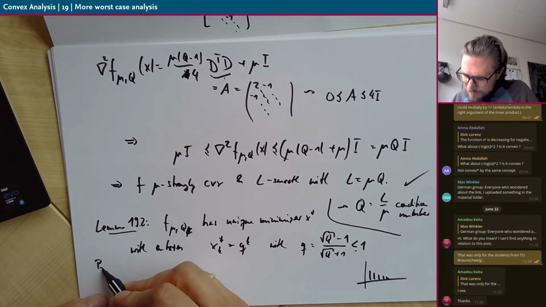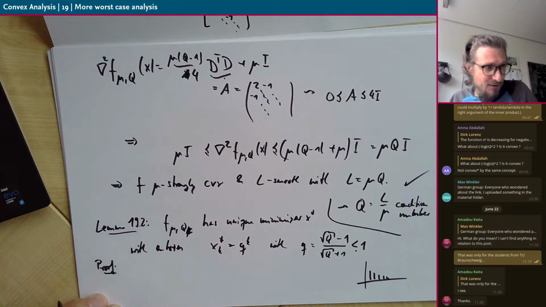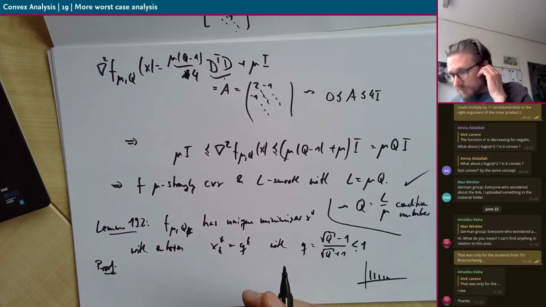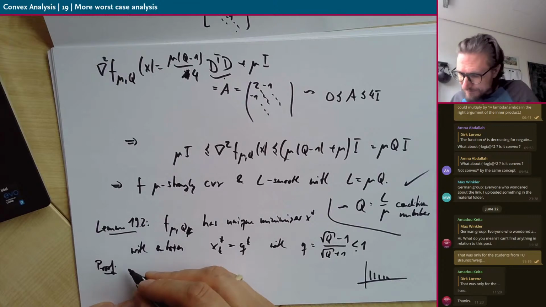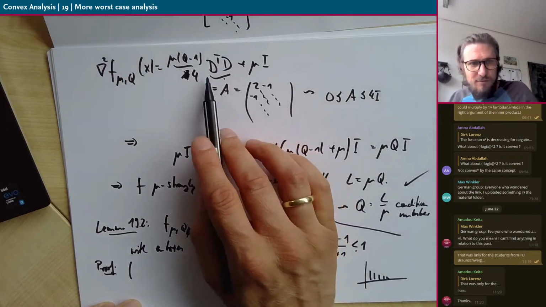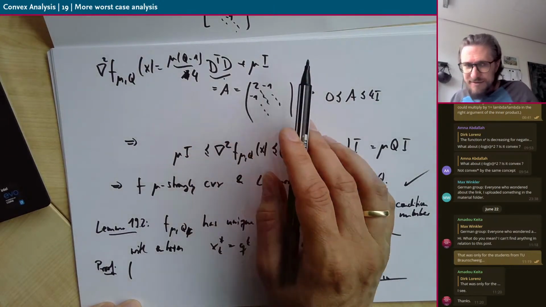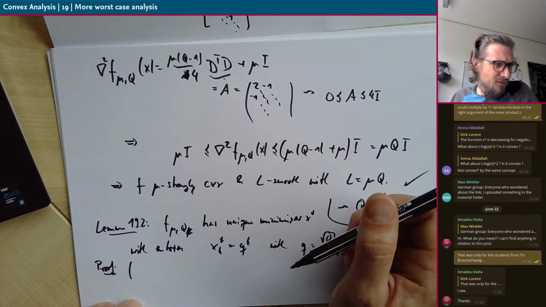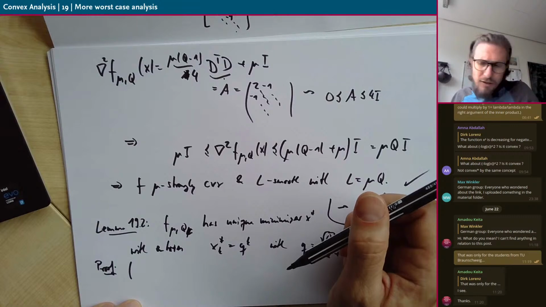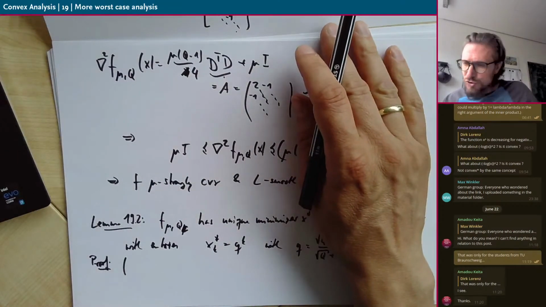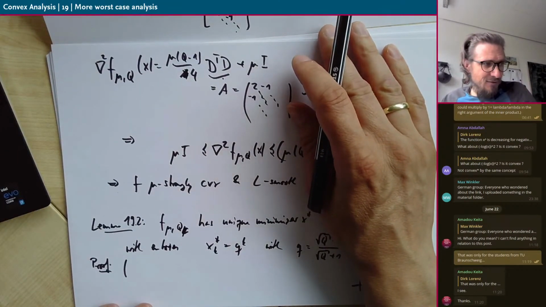Okay, the proof is also just checking. So the optimality conditions we can read off from here. We just multiply by x and set to 0. No, that was wrong. We should have used the gradient actually, right?